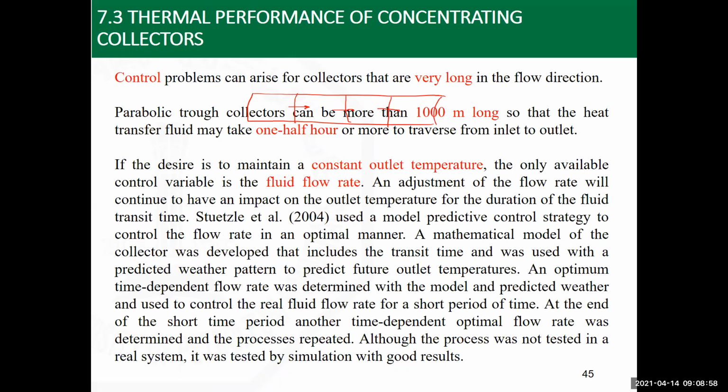So fluid flow rate is the way we control the outlet temperature, through the control of how much fluid is going to be heated inside the receiver tube, and accordingly, what will be the desired temperature that you need to reach at the end.